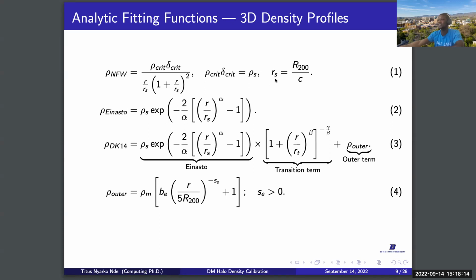The scaled radius is R200 over c, where c is the concentration parameter, and R200 is the radius within which the density of the halo is 200 times the mean matter density of the universe. Sometimes you could see c attached to it to tell you the critical density, or m attached to it to tell you the mean matter density.